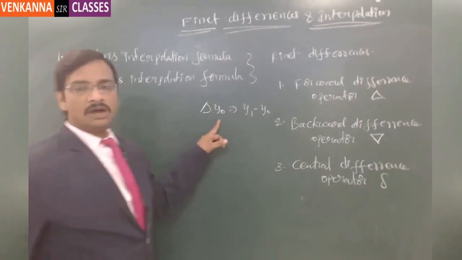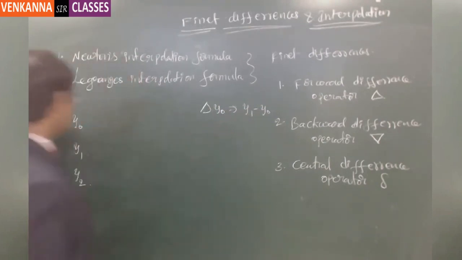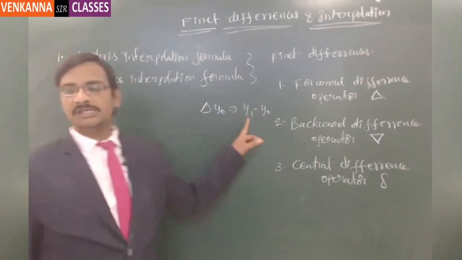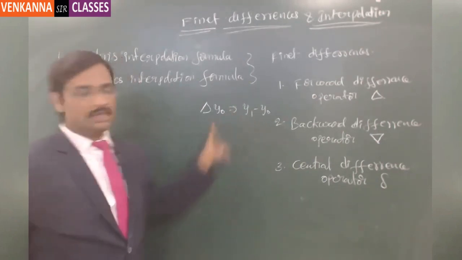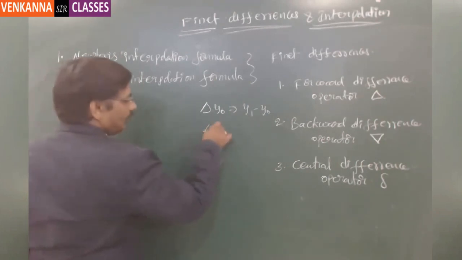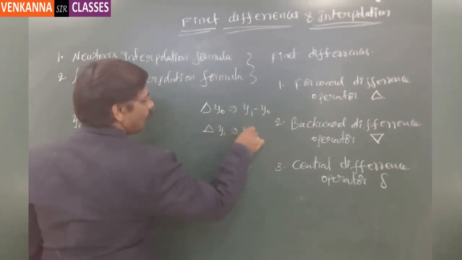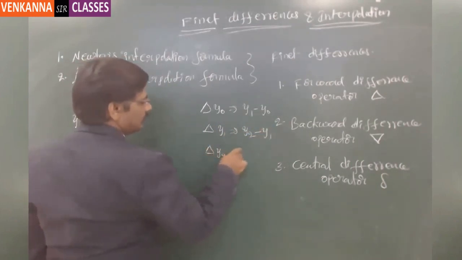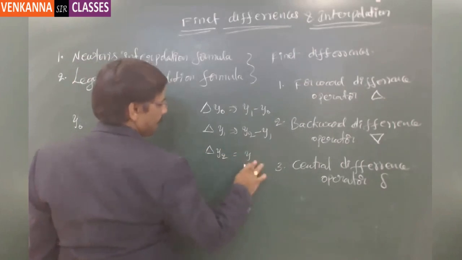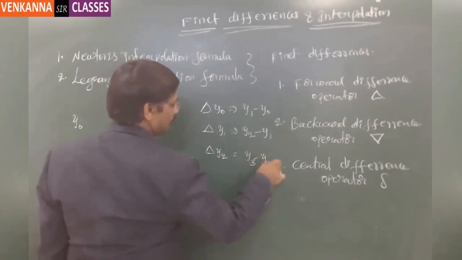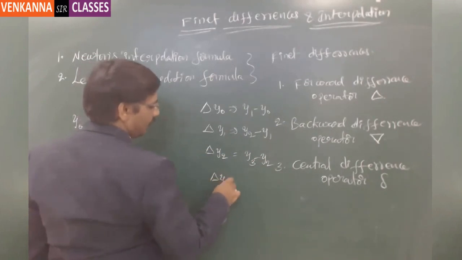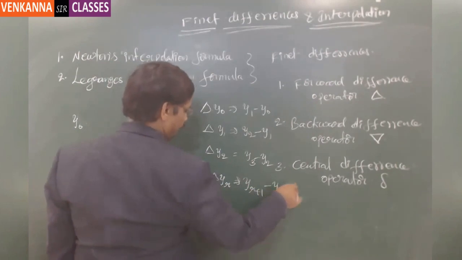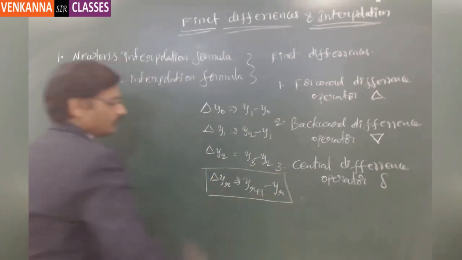So for this particular data, we are trying to find the forward difference, and this forward difference is y1 minus y0. Then delta of y1 is y2 minus y1. Delta of y2 is equal to y3 minus y2. Delta of yr is equal to yr plus 1 minus yr. So this is the general formula for the forward difference.